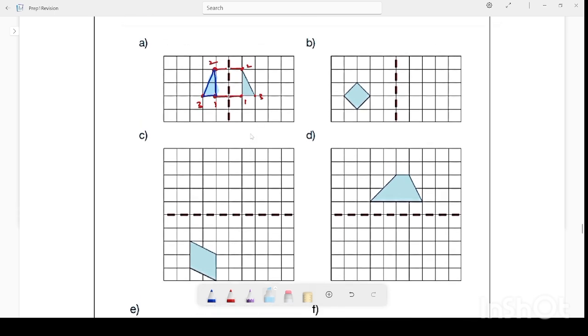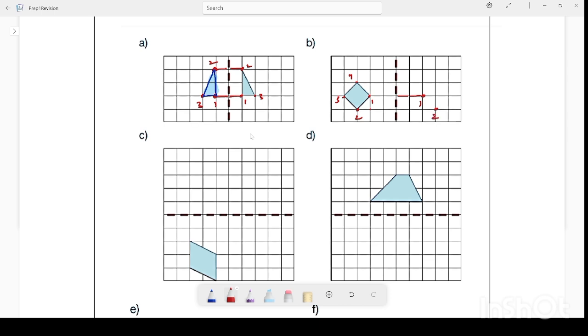Similarly, the same happens with the other shape. We draw dots on the corners, 1, 2, 3, and 4. Dot 1 is 2 steps away from the line of symmetry, so on the other side, 2 steps away from the line of symmetry, we draw one dot. Dot 2 is 1, 2, 3 blocks from the line of symmetry, so we draw a dot 3 blocks away on the other side, which is 2.